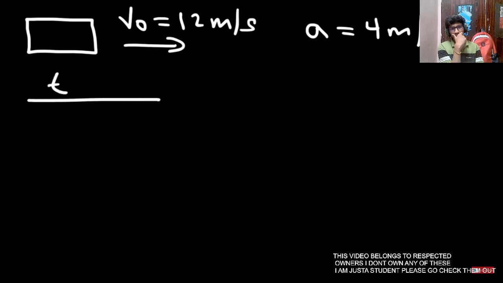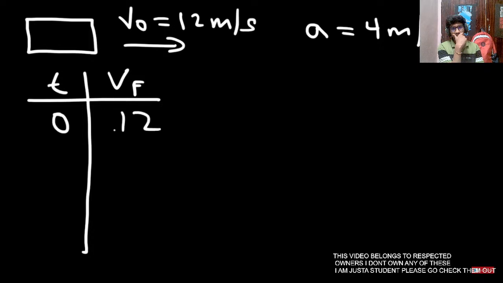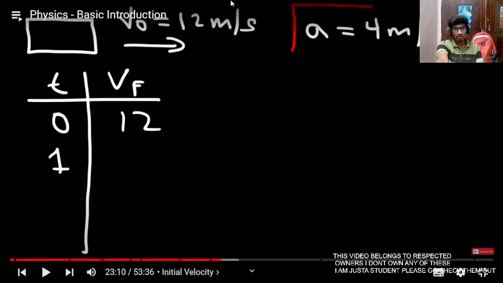So what does that mean? If we make a table, if we plot time and velocity, let's say the final velocity at a certain time, at t equals 0, this becomes the initial velocity, so it's 12. What will the velocity be 1 second later? Well, the acceleration tells us how fast the velocity is changing.